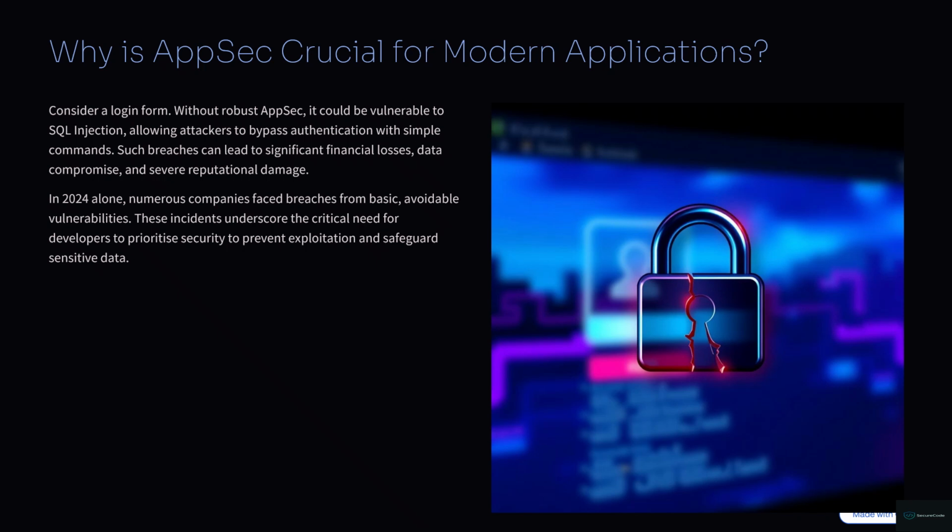These incidents underscore the critical need for developers to prioritize security to prevent exploitation and safeguard sensitive data. So developers need to understand what security measures to put into the code so that these types of breaches cannot happen in the future.